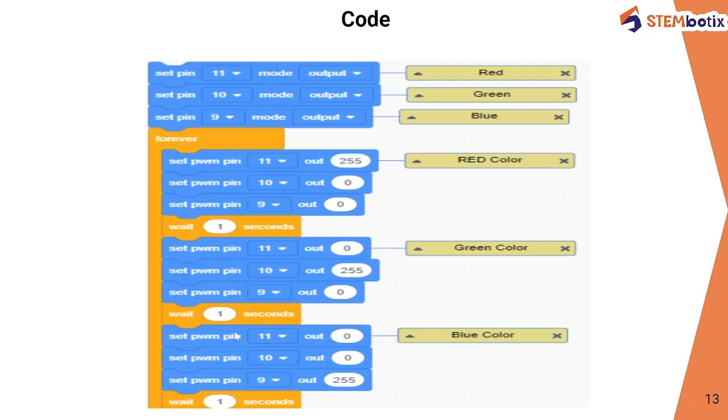Then again we put a delay for 1 second. Now, in the last step, we need to glow the blue color, and the red and green will be off. So we write a 255 value to pin 9, and pins 10 and 11 are off. So the blue color will glow on the RGB LED.